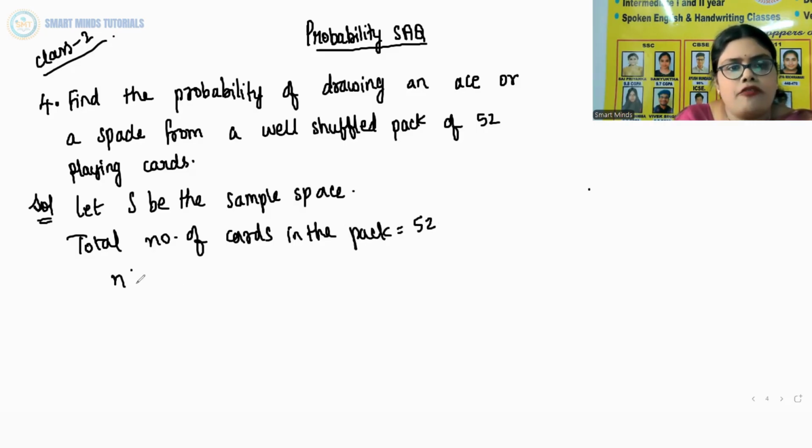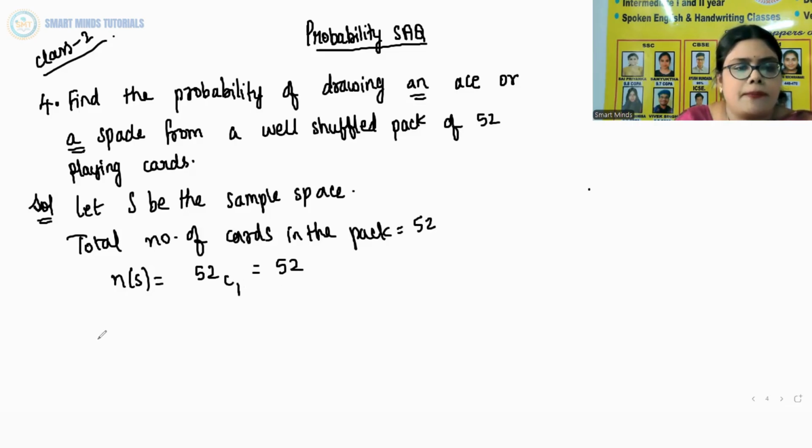So what is N of S? From 52 cards, you are drawing one card, because an ace or a spade is given. "An" or "a" means one. So from these 52 cards, you are selecting any one card. So N of S is 52C1.